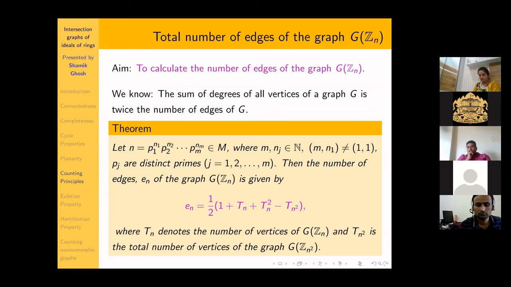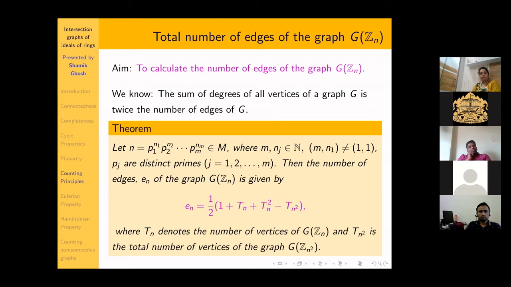If we calculate, the formula is very typical. You see that written in the middle in magenta color, in the theorem, it is half of 1 plus tn square minus tn square.